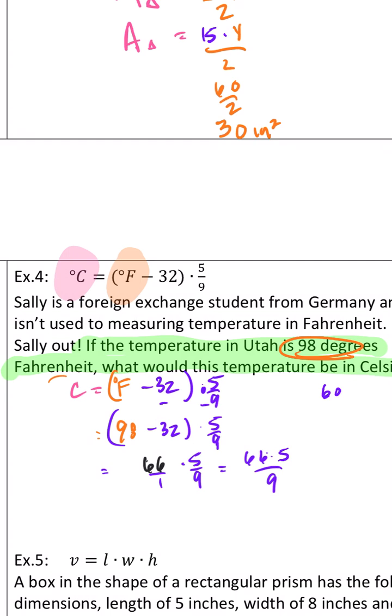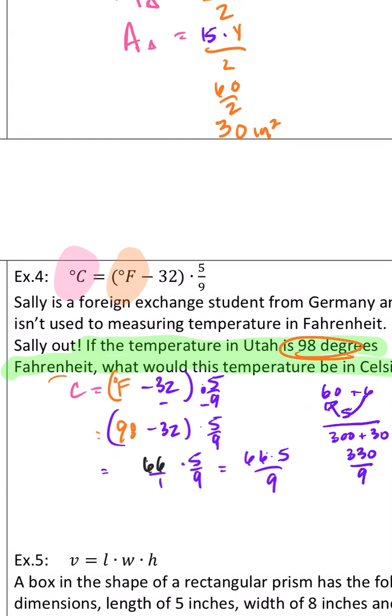See if you get what I'm doing here. 60 plus 6 times 5. That means I'm going to have 60 times 5, which is 300. And 6 times 5 is 30. This is going to be 330 over 9.